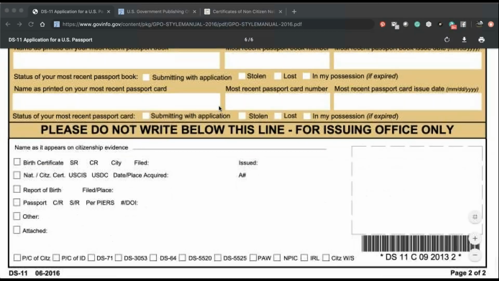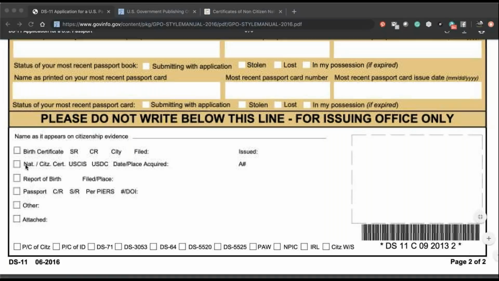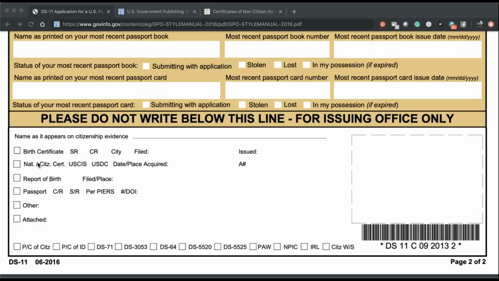Now notice also on this application where it says, please do not write below this line, for issuing office only. You notice that it says NAT./citizen certification. So that's separate: the nationality, or if you're a citizen. Why didn't they put it all together if it was the same? You see?